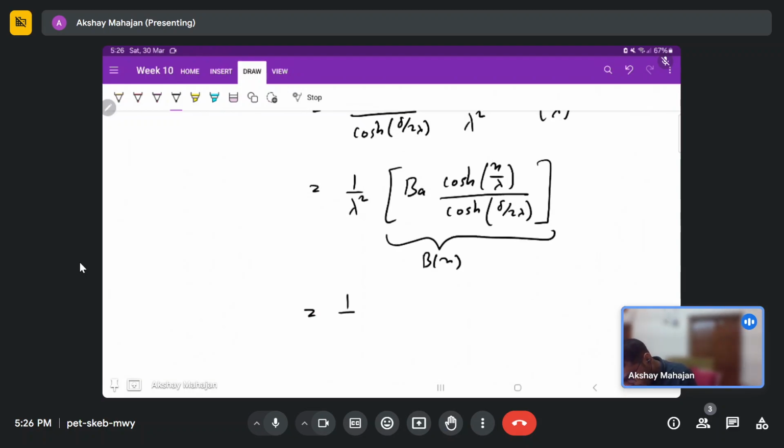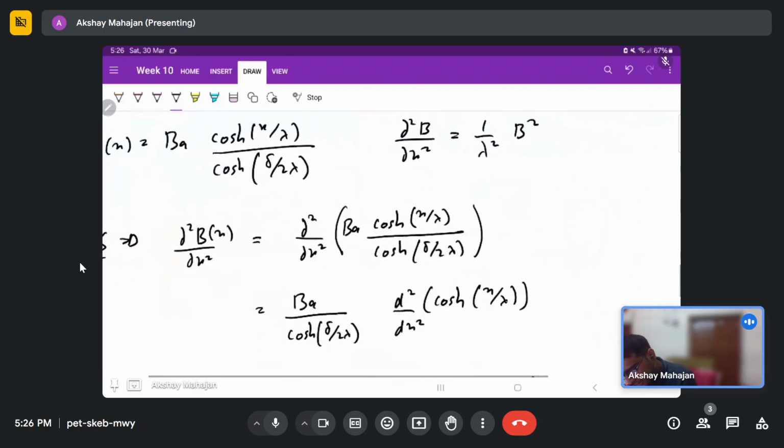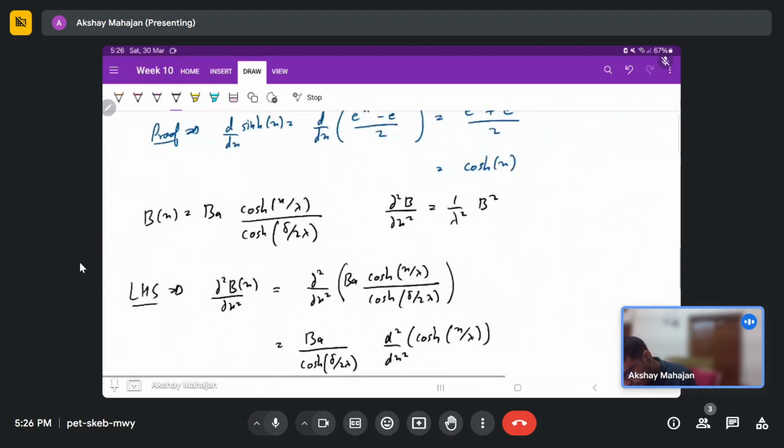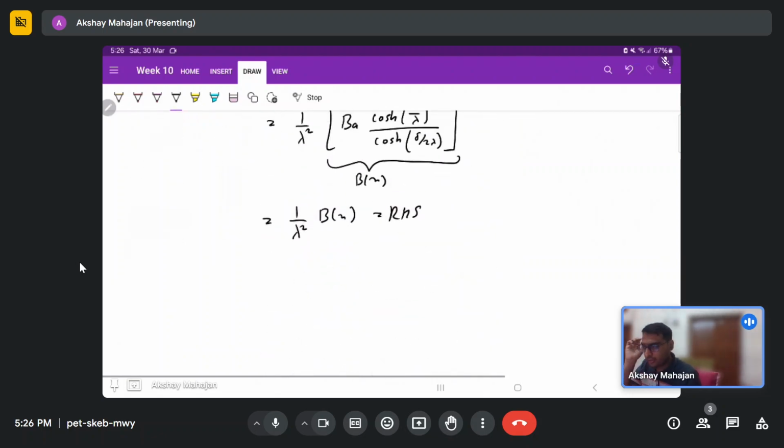So we are getting 1/λ² times B of x, which equals our RHS. So this is our London equation, and we are getting the same thing on the right hand side. Hence proved.